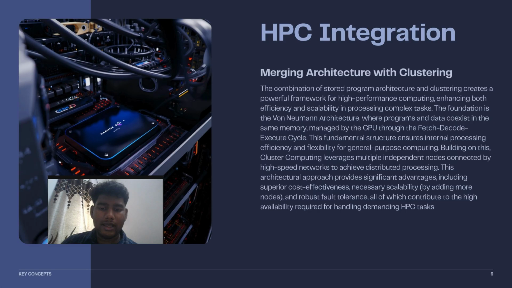We can also ensure high availability and reliability by detecting and masking faults, making them ideal for complex problem solving like scientific simulations.